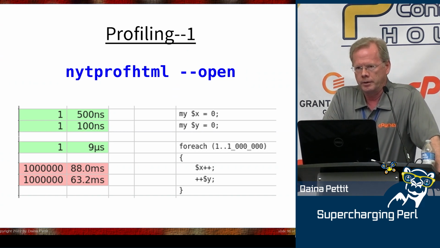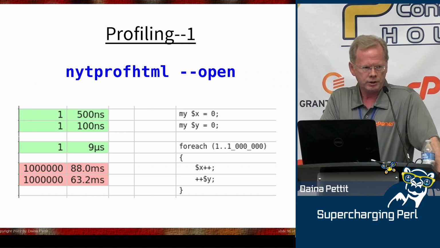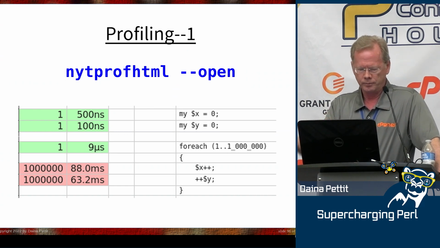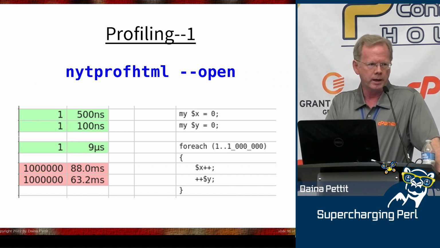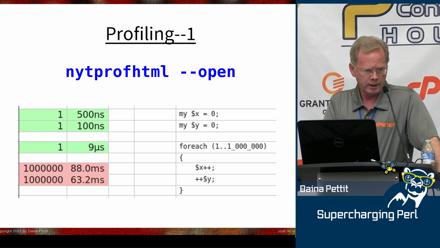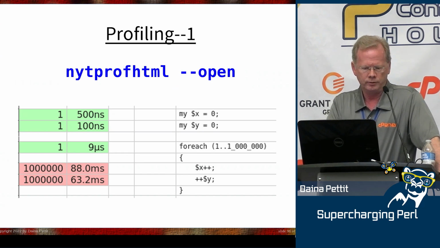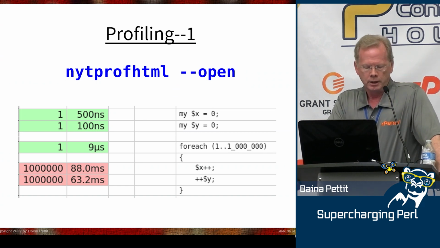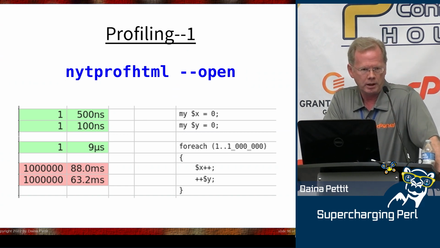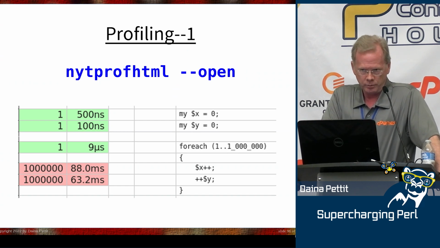It'll create a directory and an index.html with a whole bunch of other web files in your local directory. The -open option will open your default browser with that HTML file when it's done processing. And it will be very graphical. Part of it looks like this, where it gives you a line of code. It says how long it spent on that line, and how many times that line was called.